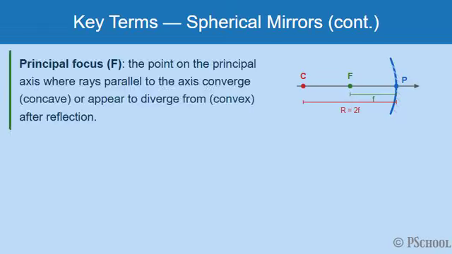The principal focus F is the point on the principal axis where rays parallel to the axis converge for a concave mirror. In case of a convex mirror, it is the point from which the rays appear to diverge after reflection.